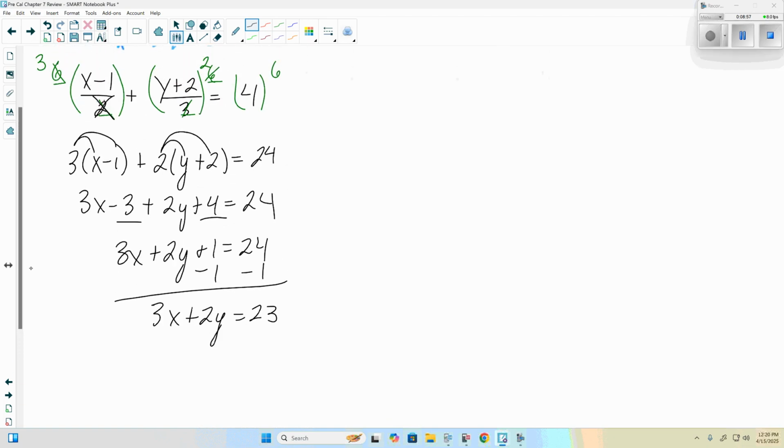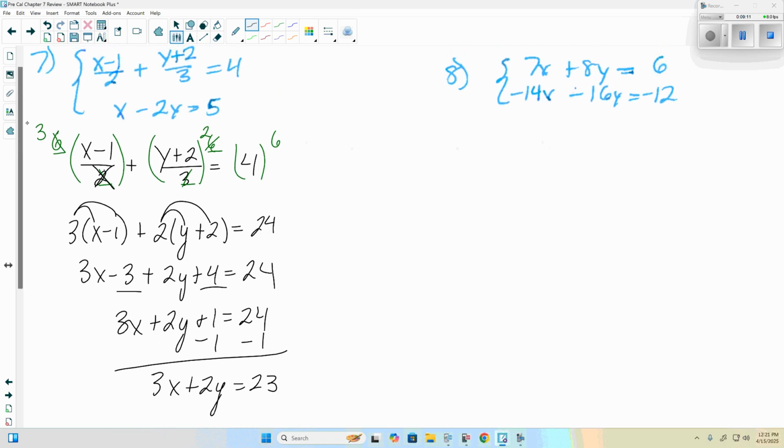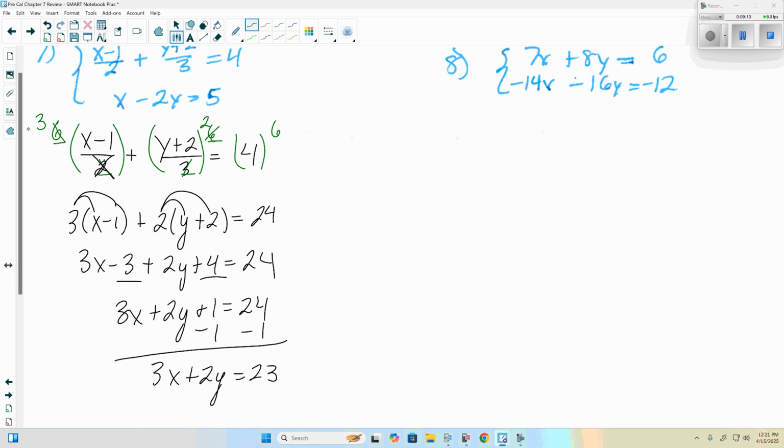Essentially what we needed to do was get the variables on one side, everything else on the other. We had to multiply through by 6 to get rid of those fractions. Once we got rid of the fractions, combine like terms, move the constant terms to the other side, telling us that really this top equation is 3x plus 2y is equal to 23.